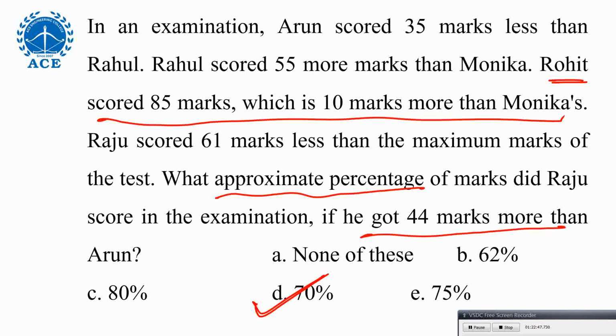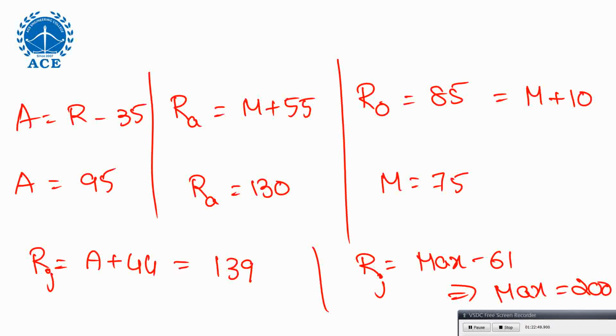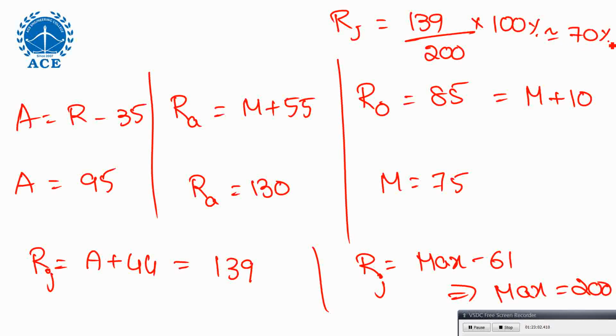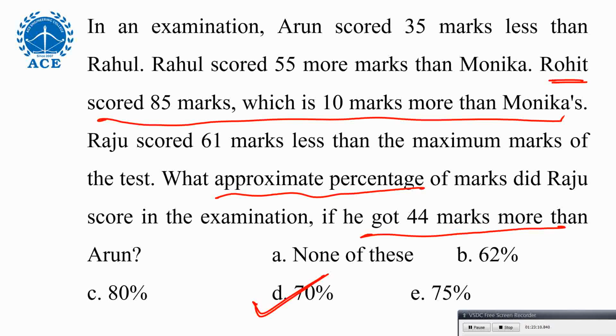But approximately 70, exactly 69.5. In the question, if they ask the word approximate percentage, you can go with 70, no issue.